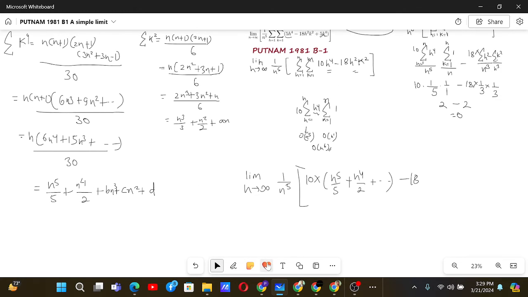H square is n cube by 3 plus n square by 2 plus some other terms, and similar over here, so we are squaring this one.